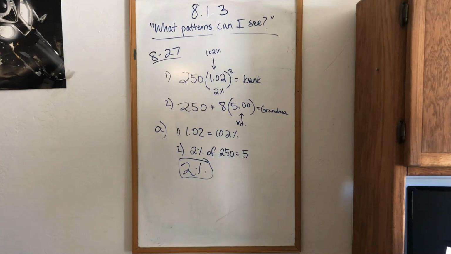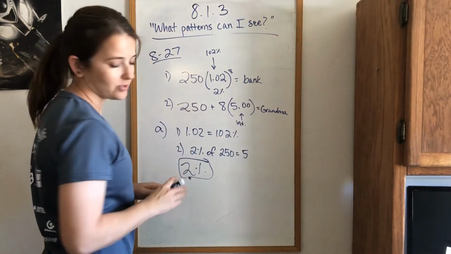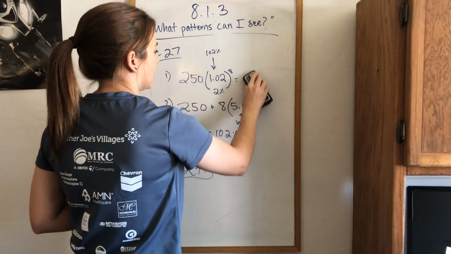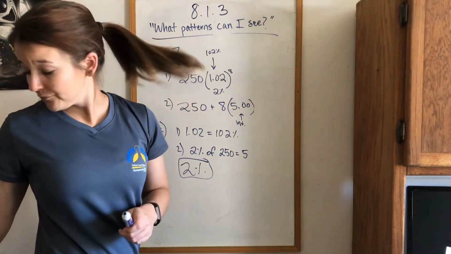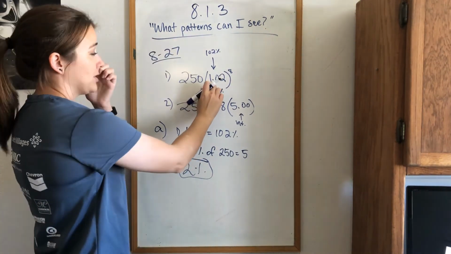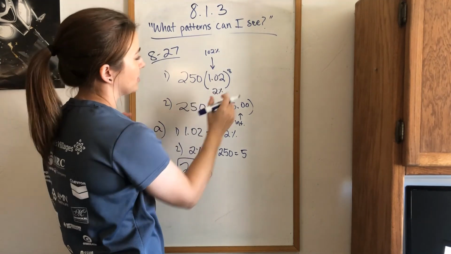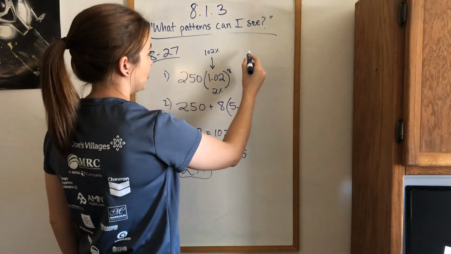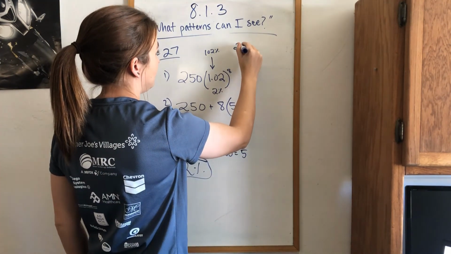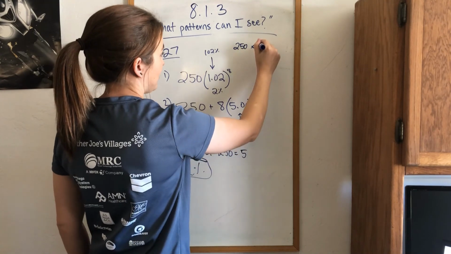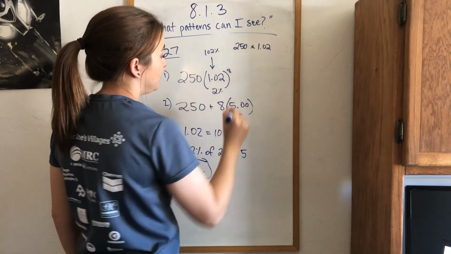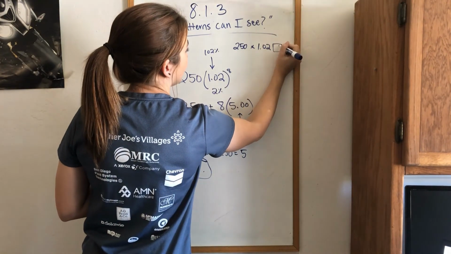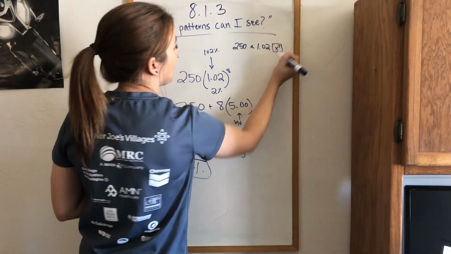And then for part C, it says to evaluate each expression. So that means we're going to solve each expression. And in your calculator, this one is going to be different. If you're on your phone and you turn it sideways, you get more options on your calculator. So you would type in 250 times 1.02, then there's a little button that says x to the y power.